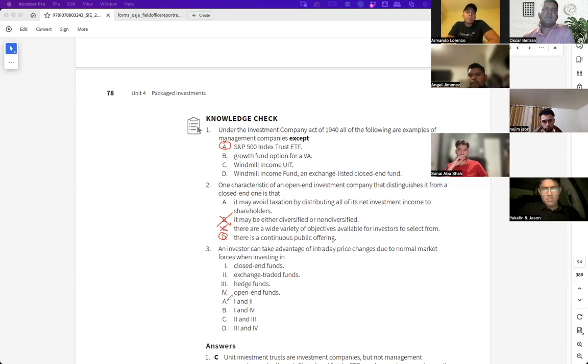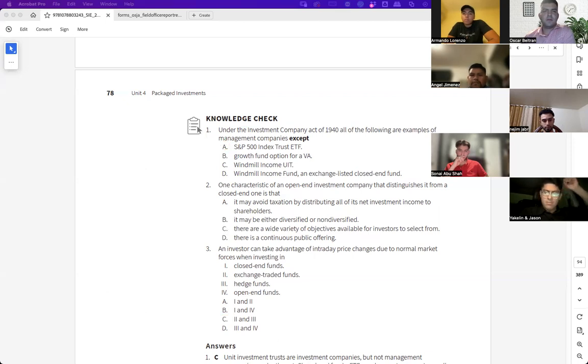I would say 1 and 4. 1 and 4. Me personally, I already know it's going to be this one here. So you guys think it's 1 and 4, C, 2 and 3? Hedge funds trade all the time. Intraday. That's how they make their money.